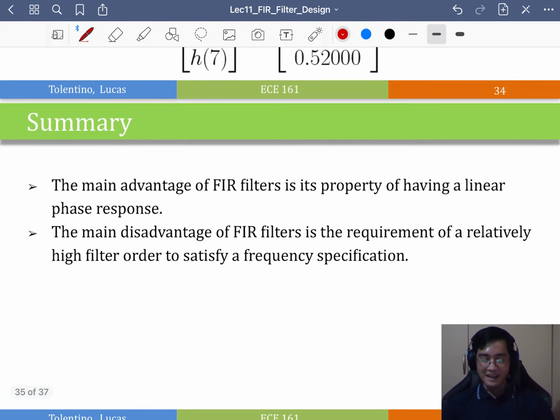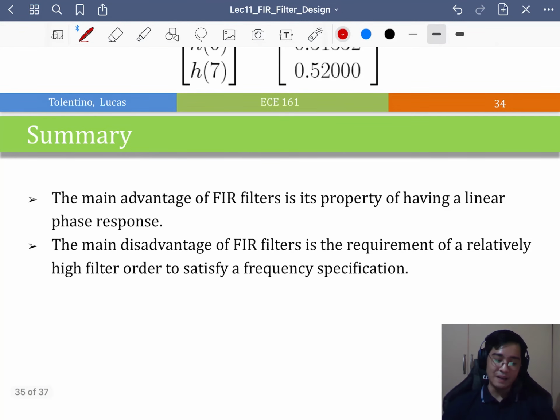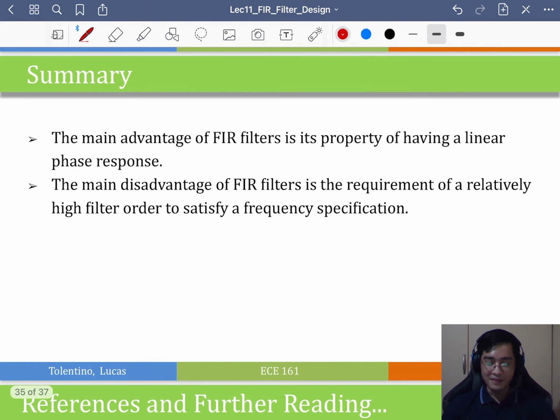So just to summarize, why do we want FIR filters? The main advantage of an FIR filter compared to the other filter which we will discuss in the next lecture is its property of having a linear phase response. Having a linear phase response translates to a distortion-less output, or basically, we are preserving the shape of the original waveform.